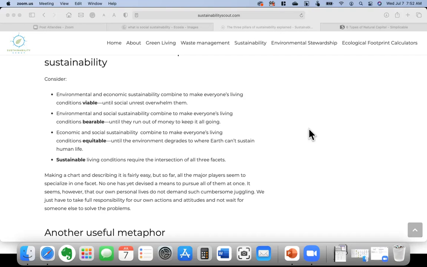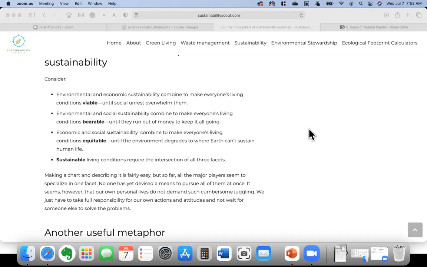Now, economic and social sustainability have to do with making living conditions equitable. Do people in one community have the same standard of living, the same goods and services as people in another community?